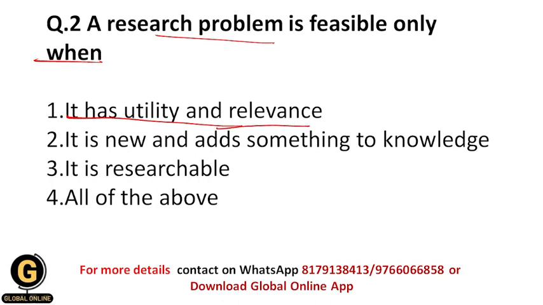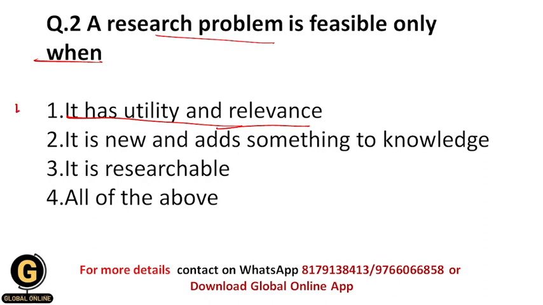It means that the research problem should have relevance to the problems within the society. Whatever problems there are within the society, these problems should be our research problem. So it means that the research problem has some kind of relationship with the society, or specifically problems in the society. So after that only we can say that the research problem is feasible.